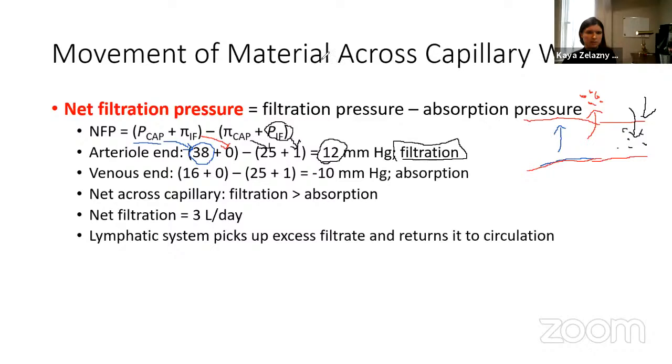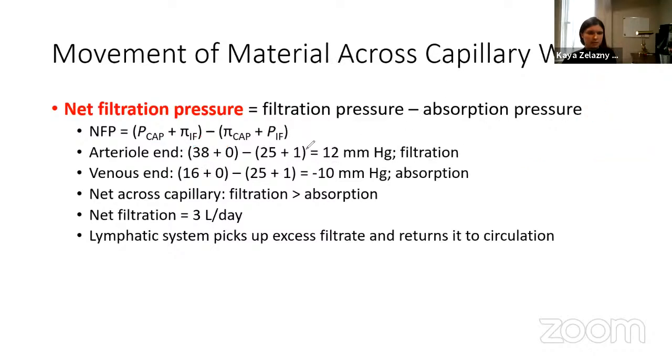So when we get a positive number here, I'm going to clear my drawings for now because they're not super helpful at the moment. A positive number means that this first half of the equation was higher than the second half. This first half of the equation is our filtration pressure.